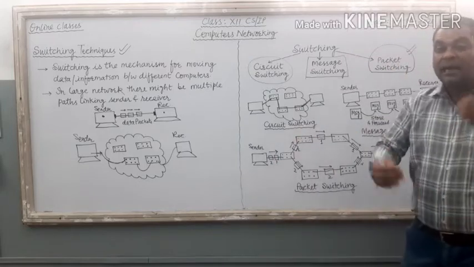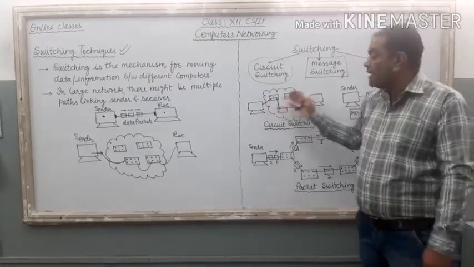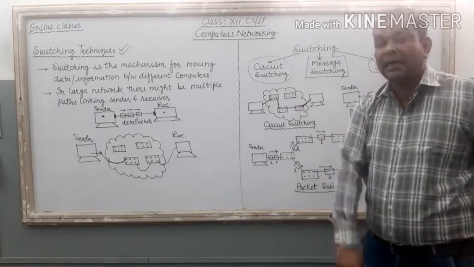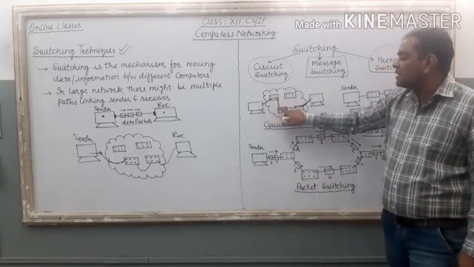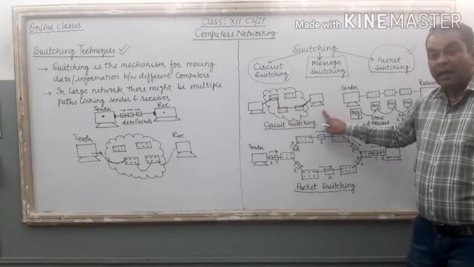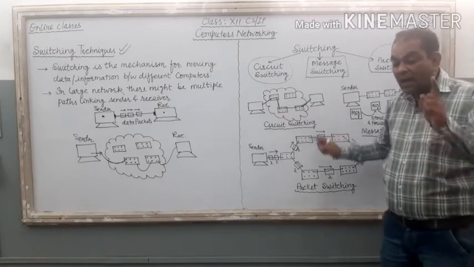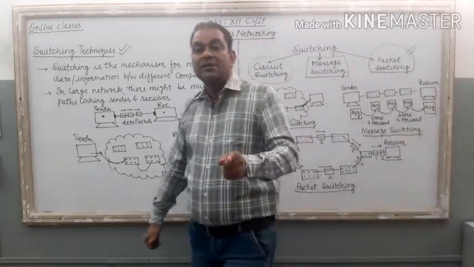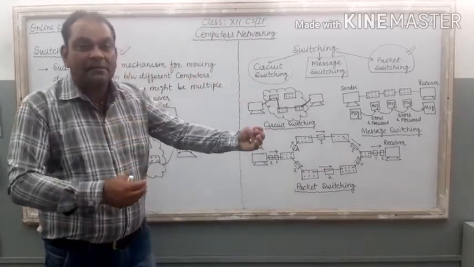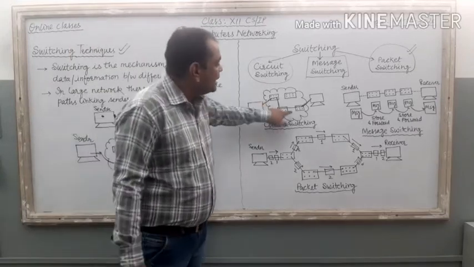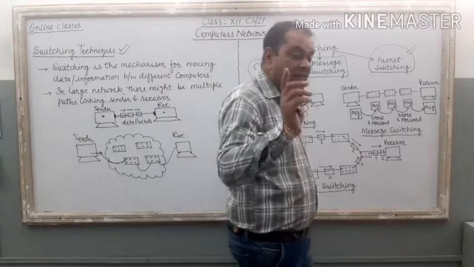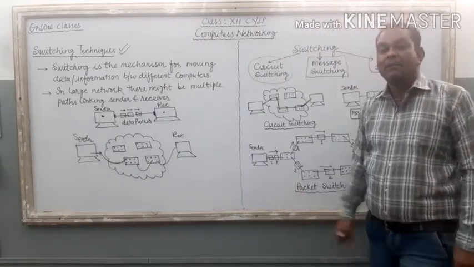Now once the circuit is established in between two computers, by using this specific circuit, the data transmission takes place. Now the circuit is reserved in between these two PCs, and until the data transfer takes place, till that time this circuit is available in between these two computers, and this circuit is reserved for the data communication.